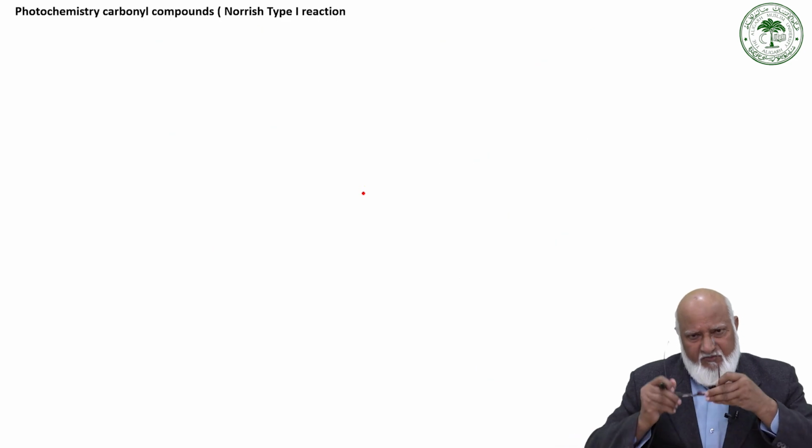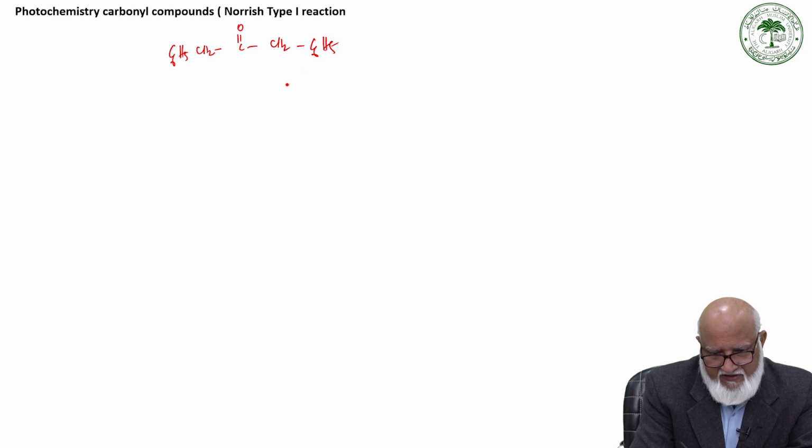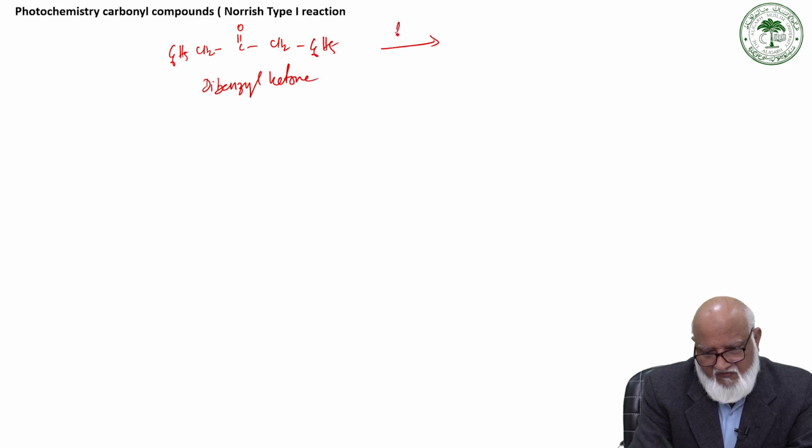Here is an example where it very clearly shows that aliphatic ketones undergo this. If we have a ketone like C6H5 CH2 C double bond O CH2 C6H5, this is dibenzyl ketone. In the presence of light, of course, this is symmetrical.